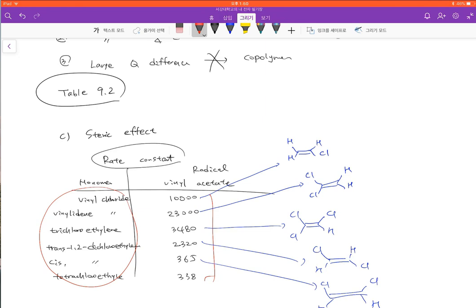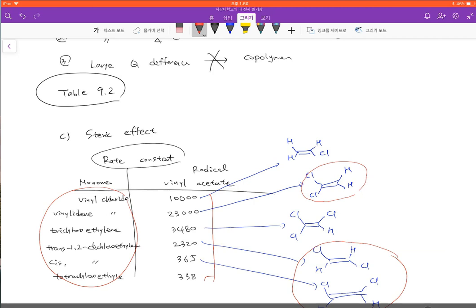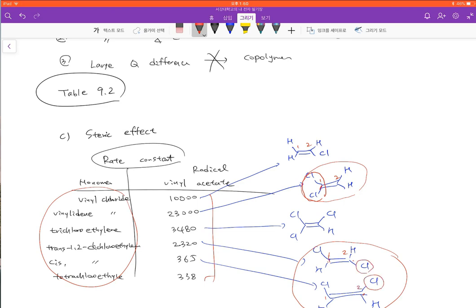Pretty much the same, but with different numbers and positions of substituents. What you can see first is that if you compare vinylidene chloride and either cis or trans dichloroethylene, both have 2 hydrogen and 2 chlorine atoms, right? And this molecule with 1,1 substitution has much larger reactivity compared to 1,2 substitution.